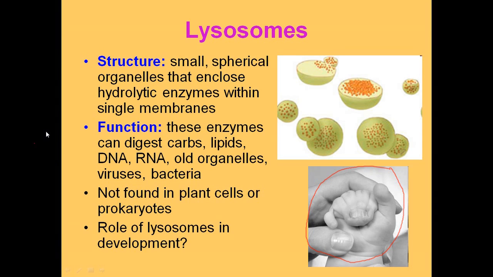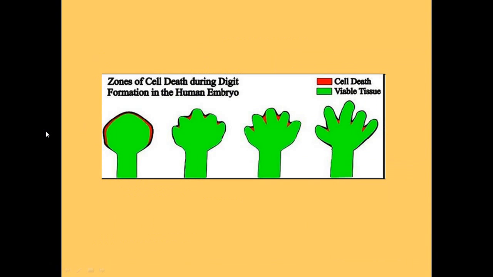This baby has a lysosomal disorder where the digits never fully formed because they stayed fused because the lysosomes didn't work properly. The lysosomes are supposed to eat the skin in between the fingers so you have separated fingers, but this baby has a lysosome disorder where they don't have those digestive enzymes to remove that extra skin.